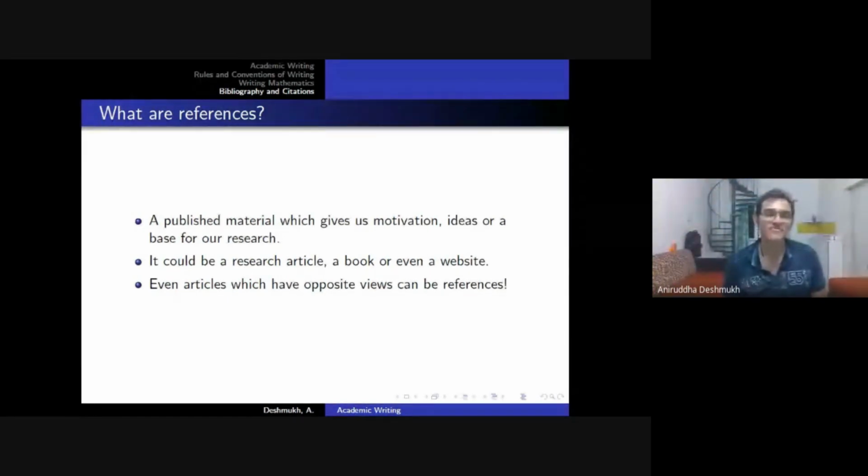It could be a book from which you have taken some theory, or a website from which you have interacted with someone and got some idea, or a question answer forum or something. And one must always remember that even those articles which have opposite views to us, that means they have proved something and we are trying to disprove them, or the other way around, can also be our references. There is no enmity when it comes to writing academic documents.